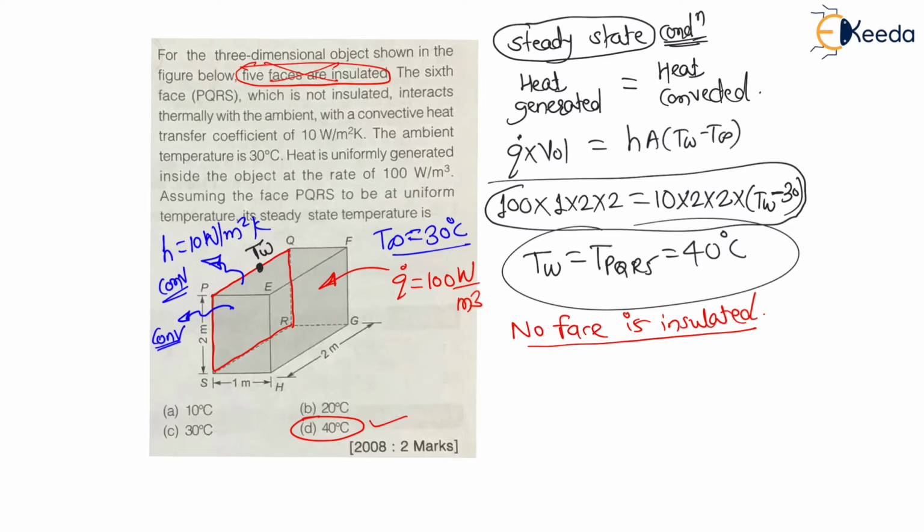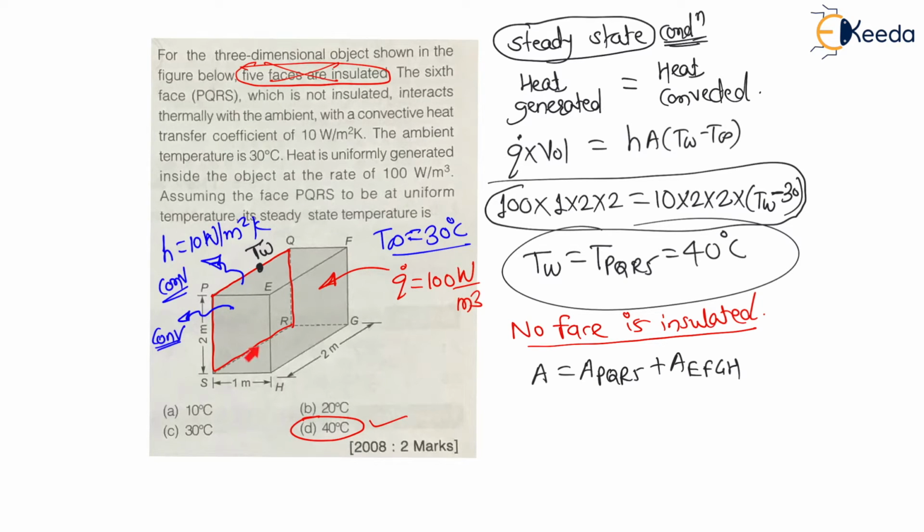the heat will be lost by convection. Therefore, the area available for convection: let us say this left face is PQRS and the right face is EFGH. Here we have to consider the area of PQRS plus the area of EFGH, that is left area and right area.